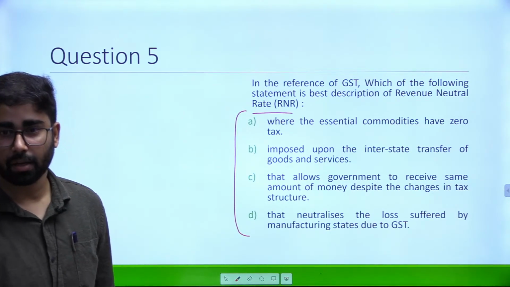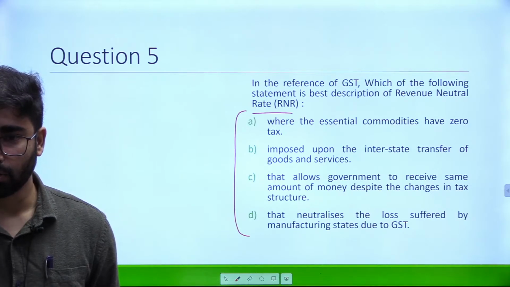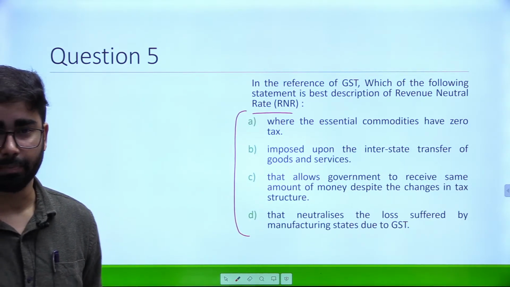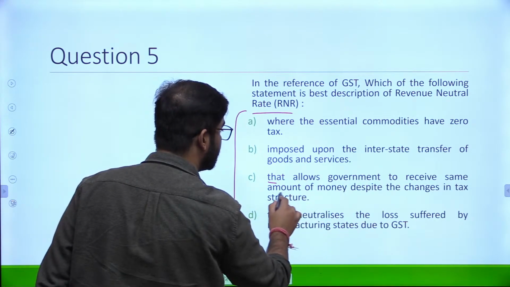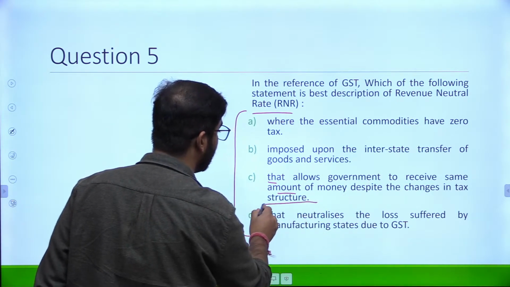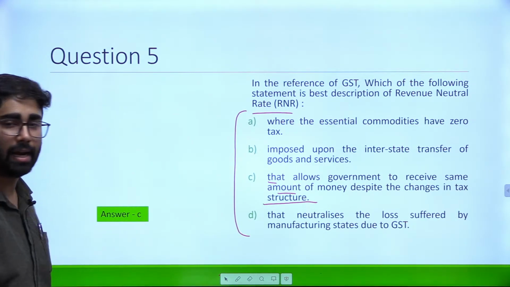Bittu is saying C, Kanu is saying C, Maitri is saying C, Rohit is saying C, Selva Kumar is saying C, Shreyans is saying C. So the statement C is that it allows government to receive the same amount of money despite the changes in tax structure. So it is the correct statement. All of you have answered it correctly.